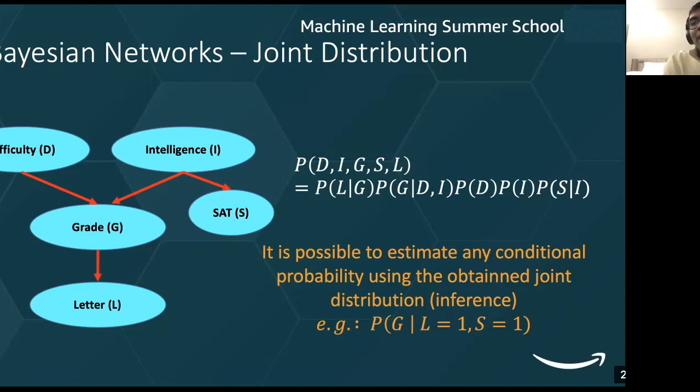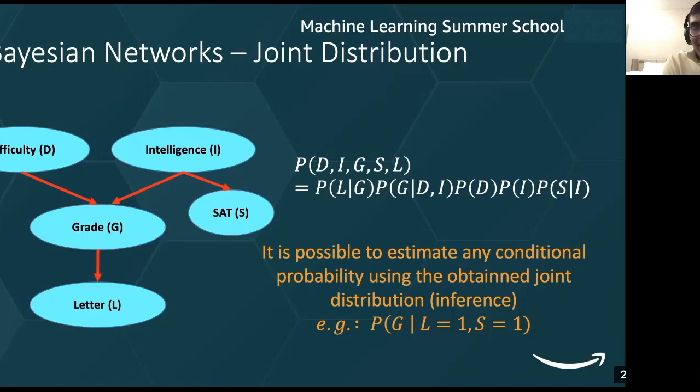So the one way we would construct a joint distribution, but before I go into that, just a note on what a joint distribution implies: it is the probability of co-occurrence of all the features. That is the probability of D, I, G, S, L. That is what constitutes a joint distribution in probabilistic parlance. Now, given this graph structure, how would you break down this joint distribution? So let's start with the letter node.